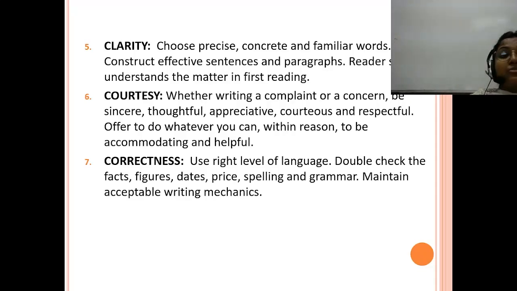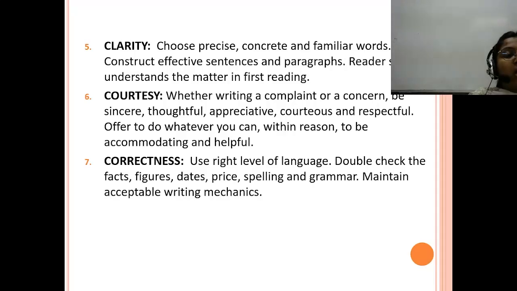It includes the following points. What are those points? Answer your mail properly. Be sincere, thorough, thoughtful and appreciative. Use expressions that show respect. Choose non-discriminatory expressions.